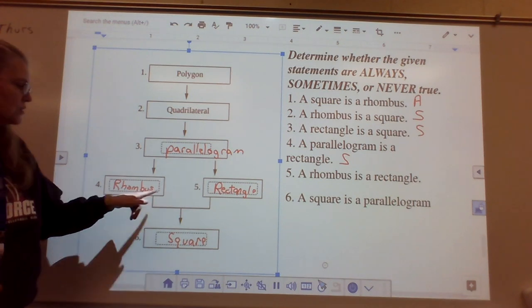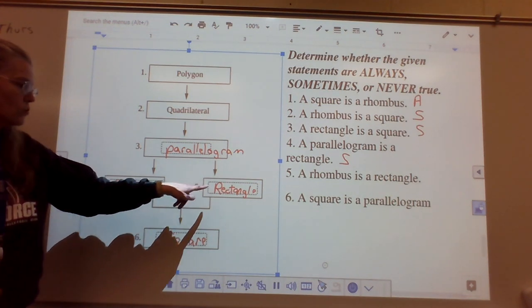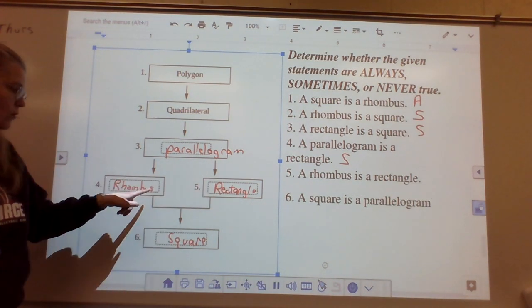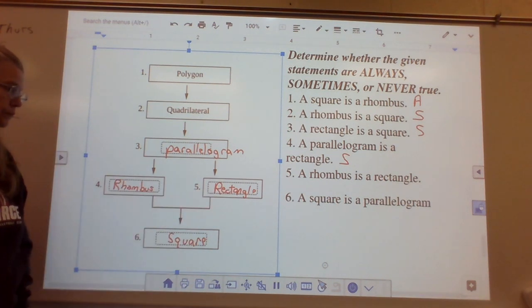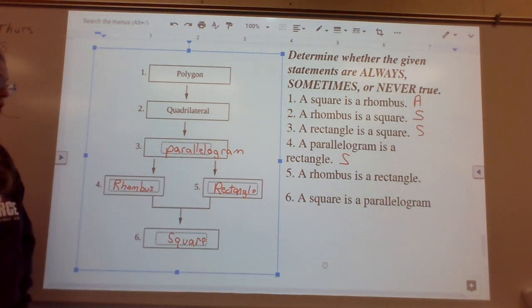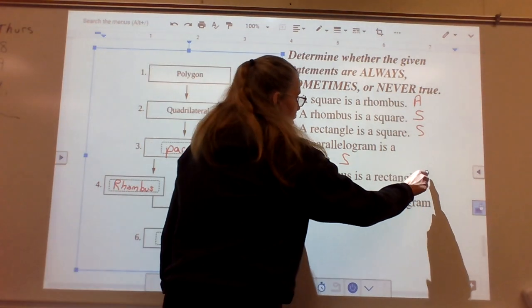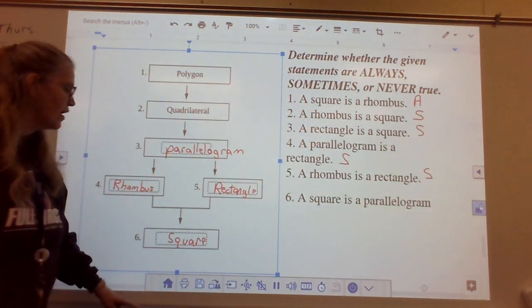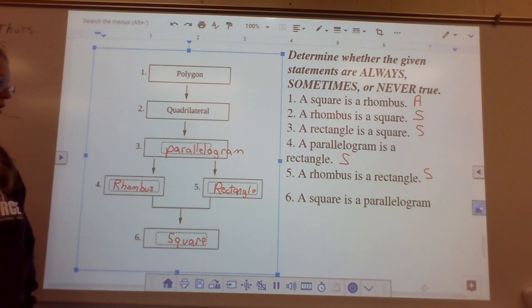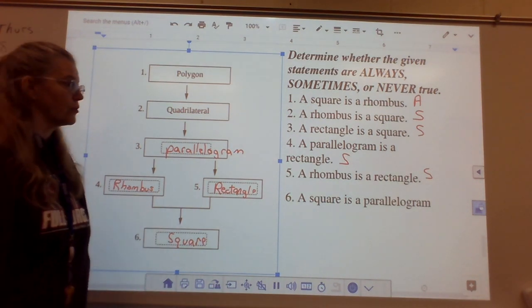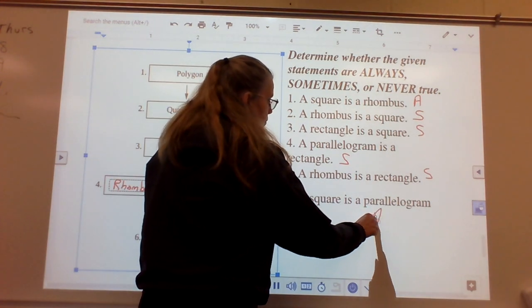A rhombus is a rectangle. Well, a rhombus might be a rectangle. So that's a sometimes. And a square is a parallelogram. Always. A square is always a type of a parallelogram. So that's an always.